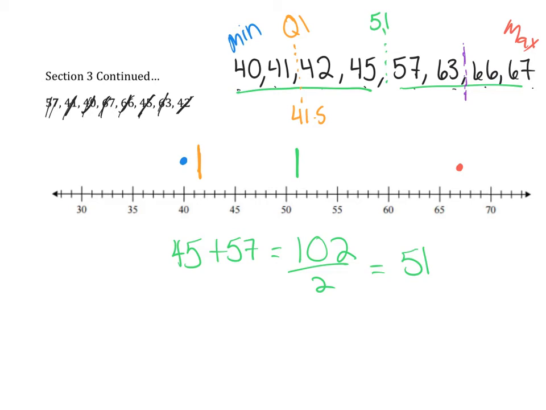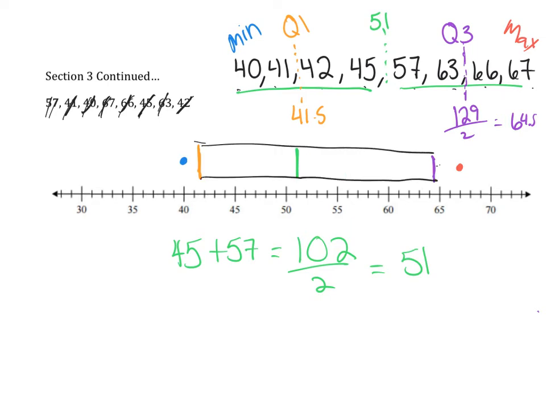If you add those two together, you're going to get 129. Divide that by 2, you're going to get 64.5. So this would be my Q3. So that's going to be right about there. So then we're going to make our box, like this, and our whiskers.